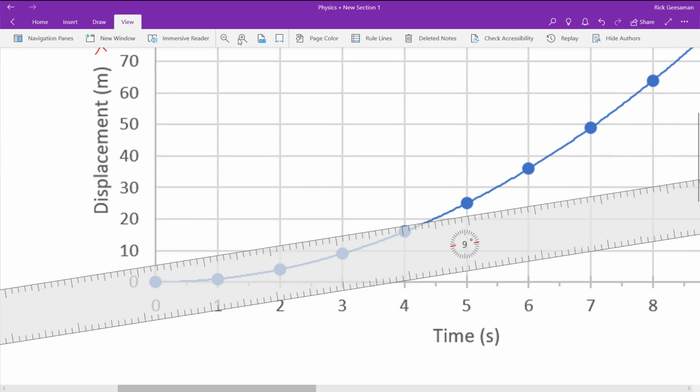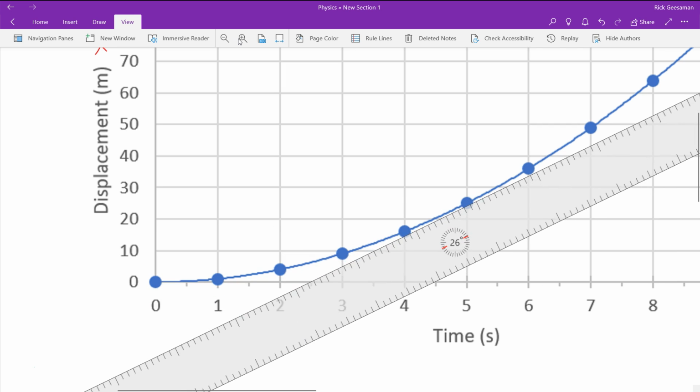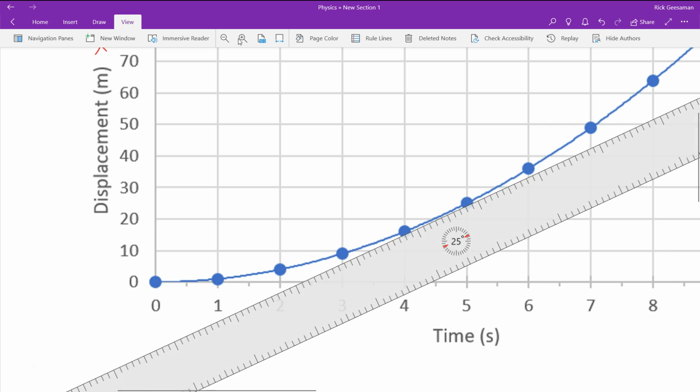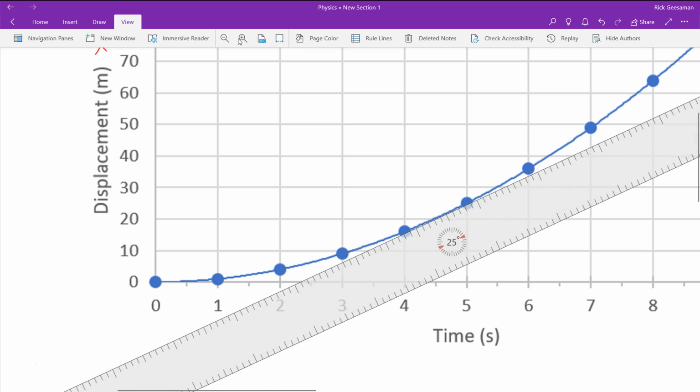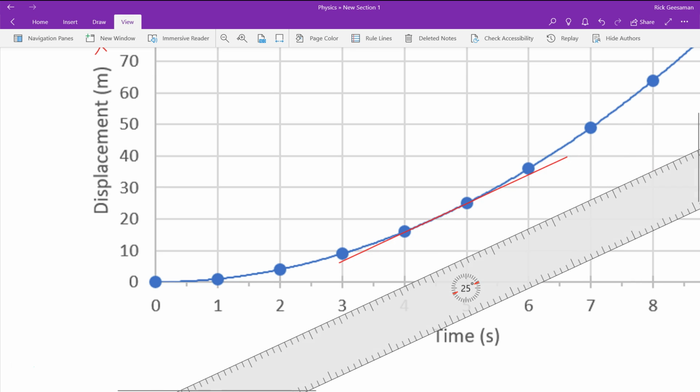So between 4 and 5 seconds, I am actually going to draw the line that indicates the slope between these 2 points. About 25 degrees. But what if I were to draw this point?